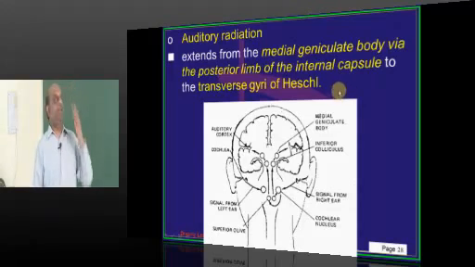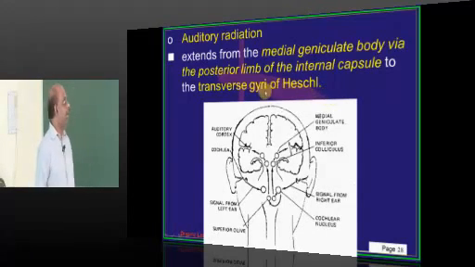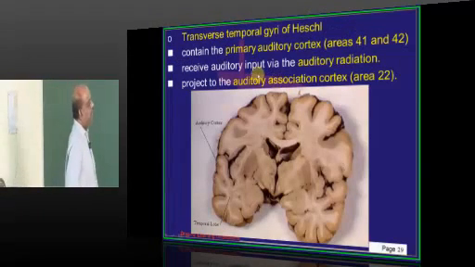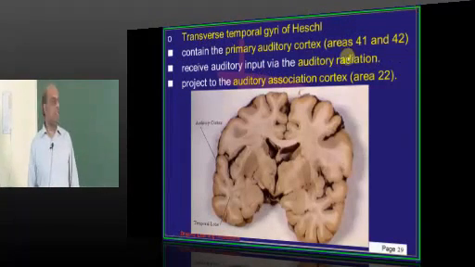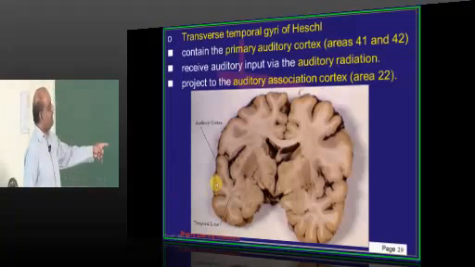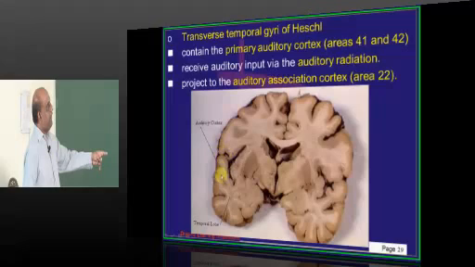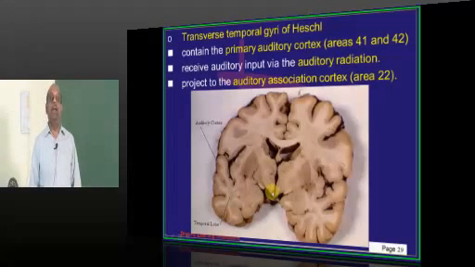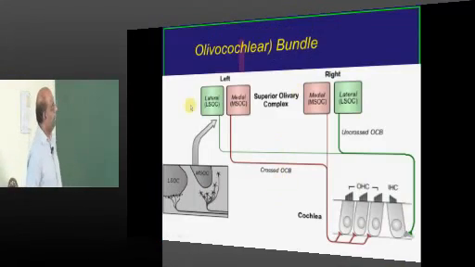So the fibers pass through the posterior limb of the internal capsule, which is called auditory radiation. Then the transverse gyri is the area which is called the auditory cortex. Primary auditory cortex is in 41 and 42. The transverse temporal gyri receive the information from the auditory radiation, and in turn also project to area 22, which is the auditory association area.